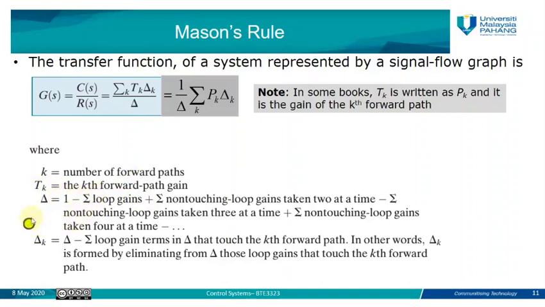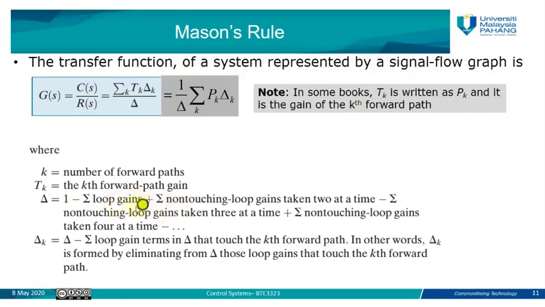The value delta in this formula equals 1 minus the summation of loop gains. We already mentioned the definition of a loop and of loop gain. So we need to find the summation of loop gains together, and we put 1 minus the summation of loop gains.